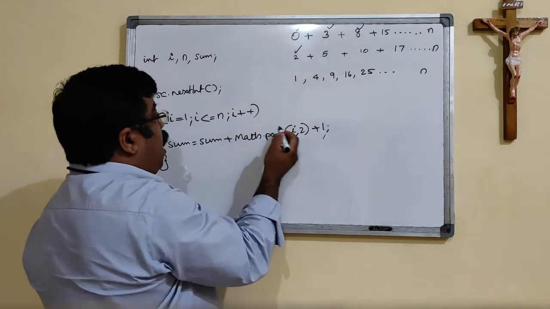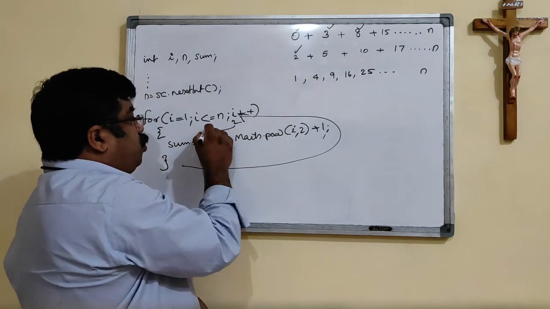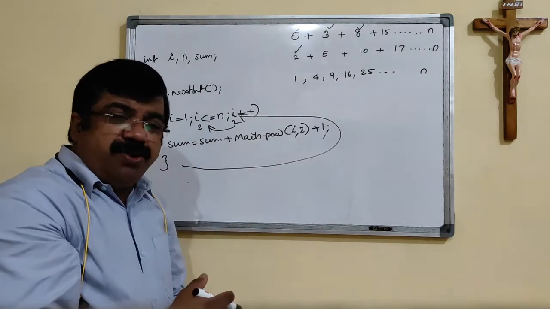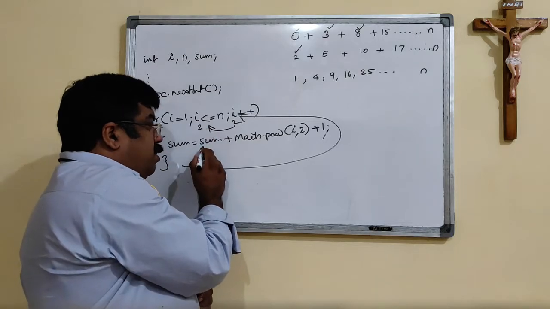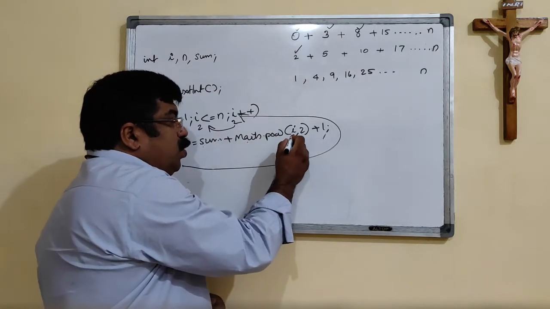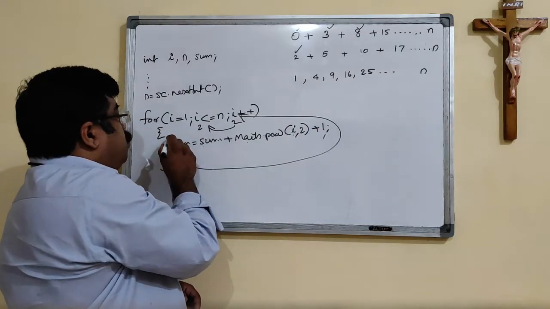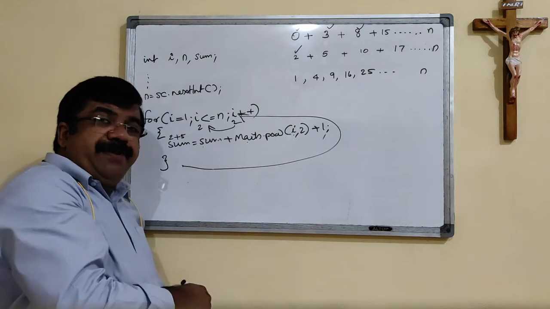Then when I becomes 2, I got incremented, checking the condition 2 less than the n, whatever is the limit of the n, condition may be true. Adding sum is equal to sum plus 2 to the power 2, 4. 4 plus 1 is 5. So 2 added in the previous time, this time added 5.